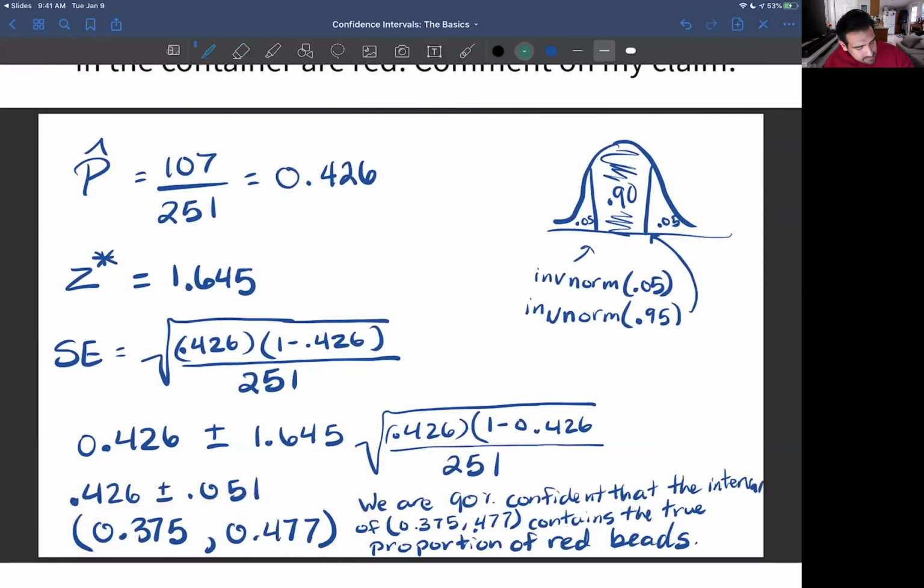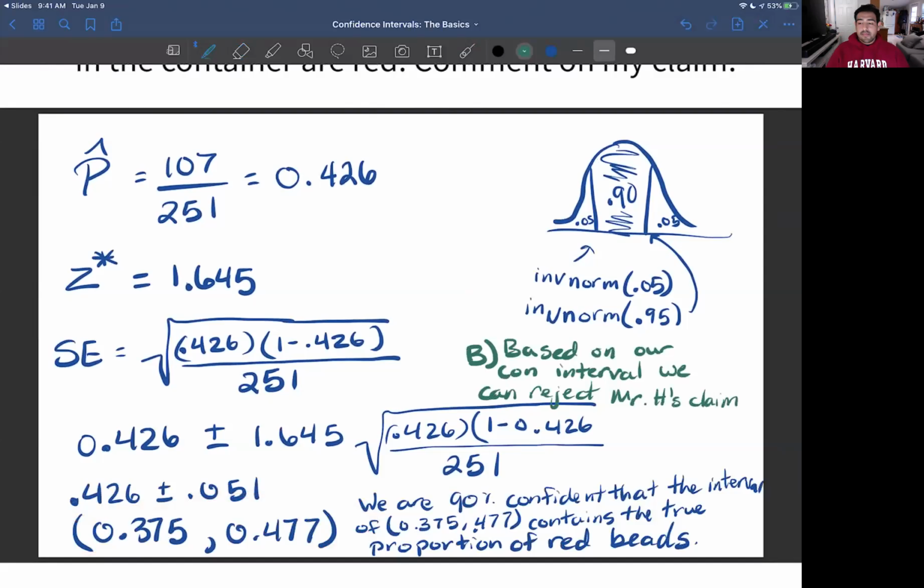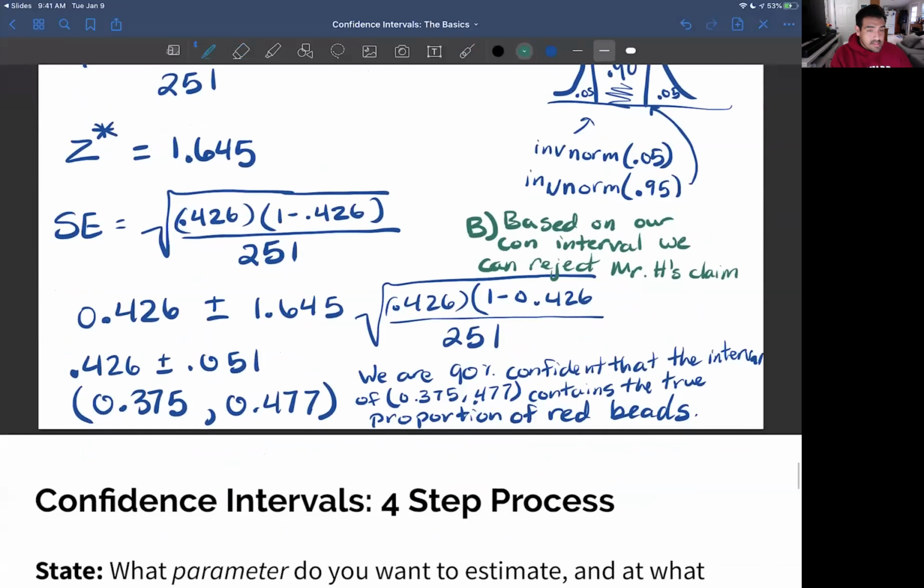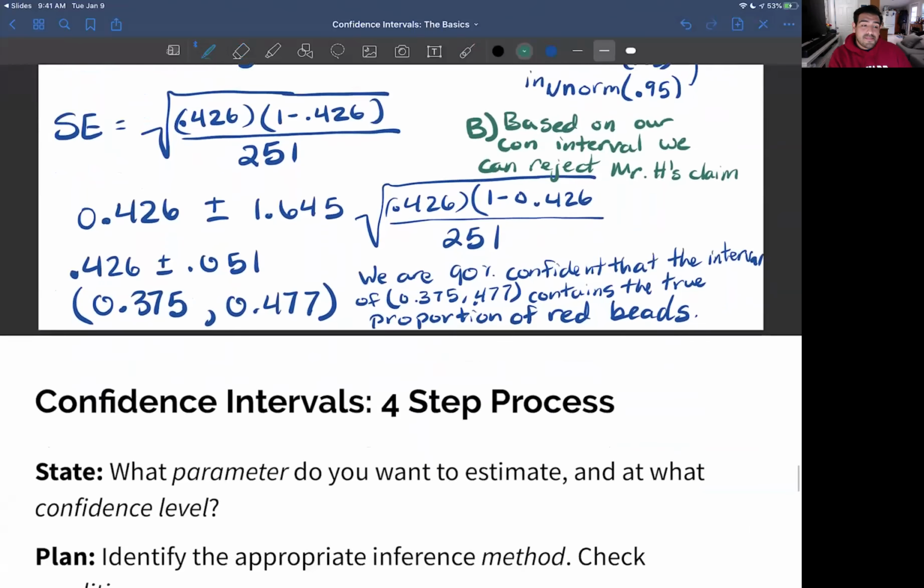So I could say, for B at least, based on our confidence interval, we can reject Mr. H's claim. And that's it. That's our entire work.